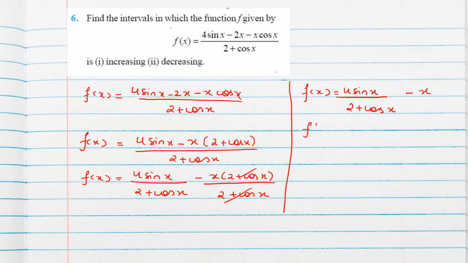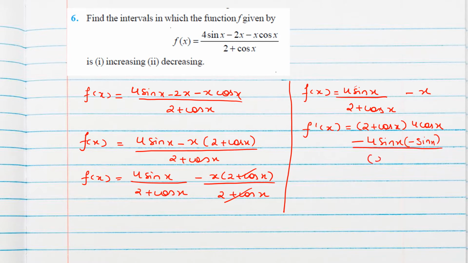Now the next step is to differentiate, so we should find f dash of x. For this expression we can use the quotient rule: denominator same, derivative of numerator, so 4 cos x, minus numerator same, derivative of the denominator. Derivative of 2 is 0, derivative of cos is minus sine.